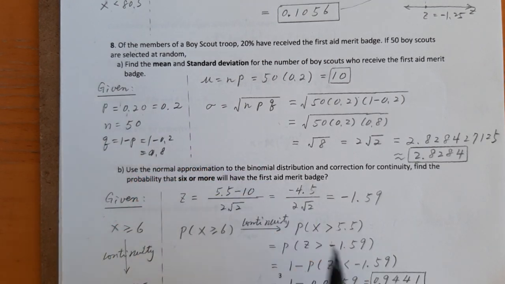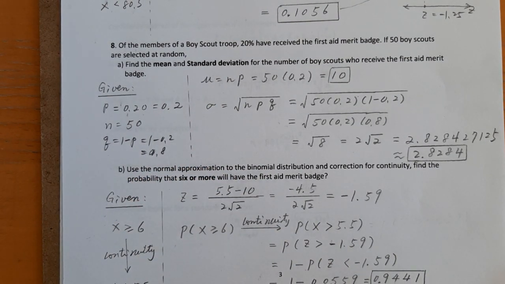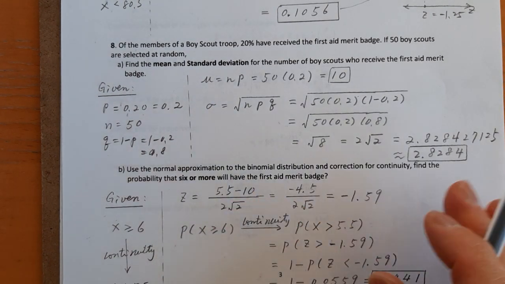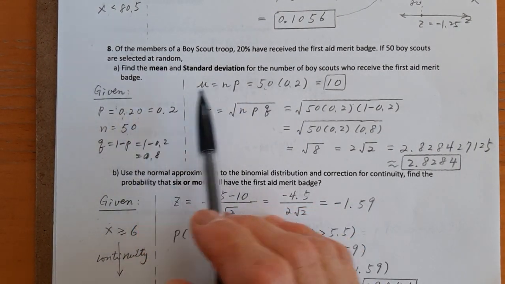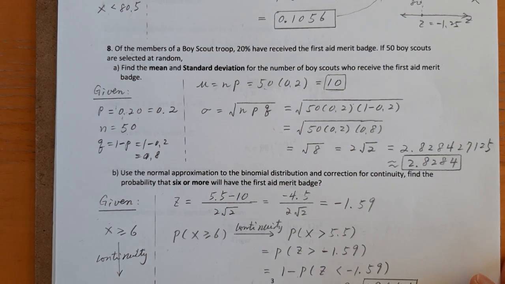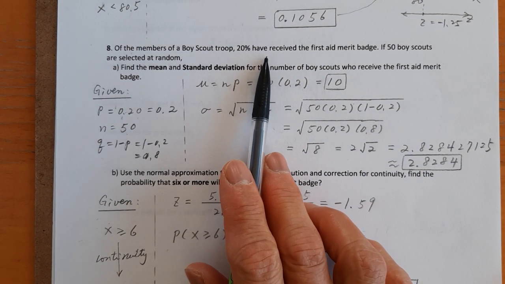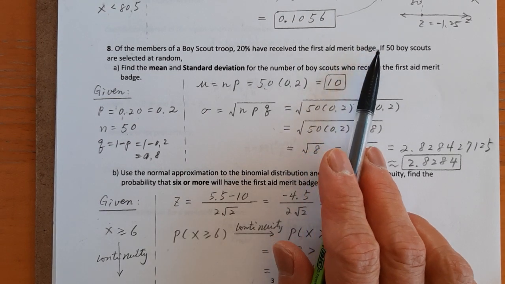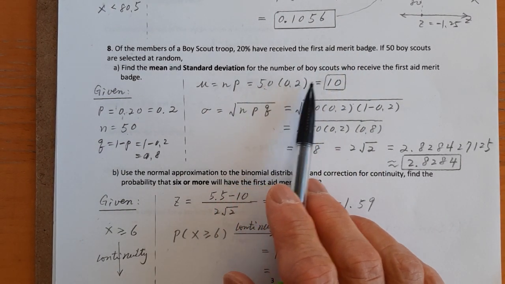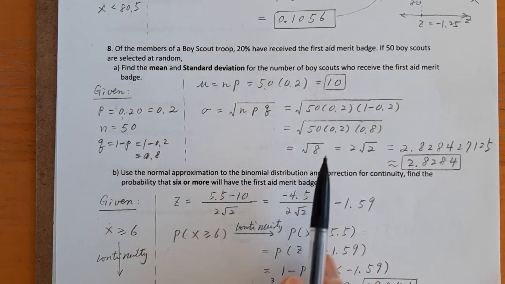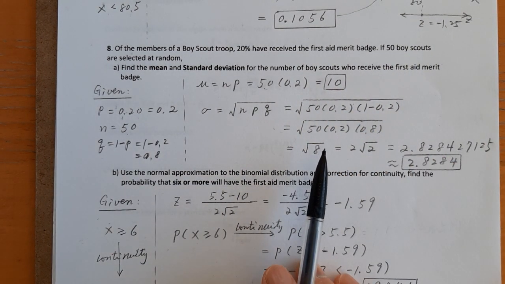That's 80% not receiving the badge. You can find the mean by the formula: mean equals N times P. N is 50, P is 0.2. You get 10 Boy Scouts. Out of 50 Boy Scouts, 20% receive the merit badge. So 50 times 20%, you get 10 Boy Scouts receiving the badge.